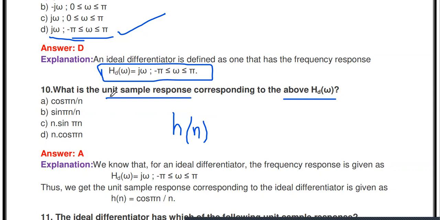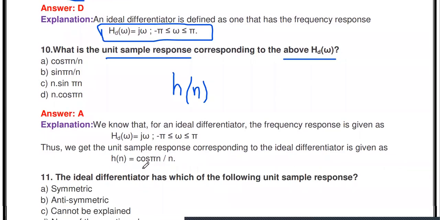So what is the unit sample response corresponding to the ideal differentiator? The h(n) formula is cos(πn) divided by n. For H_d(ω) equals jω over the frequency from −π to π, if we take the inverse Fourier transform, we get h(n) equals cos(πn)/n.